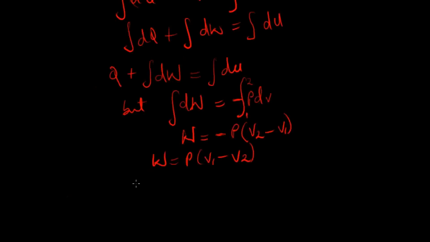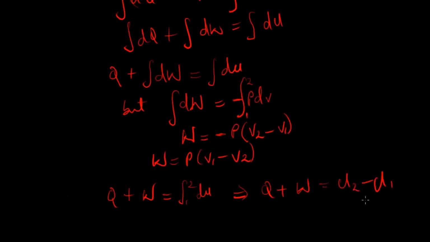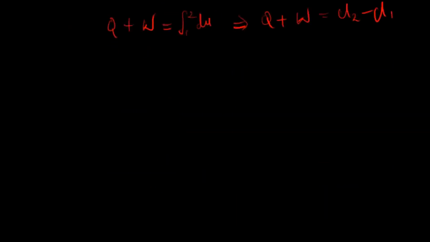So substituting this into this, we have that Q plus W is equal to the integral of this, which will give us Q plus W equal to U2 minus U1. Now we're almost there.